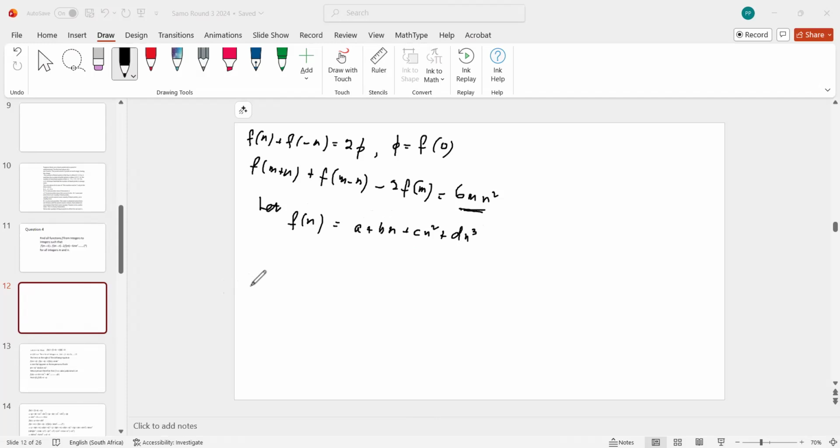And we need to calculate a, b, c, and d. Notice that f of 0 is a, so a is actually p here. So we already know the value for a, it's p.